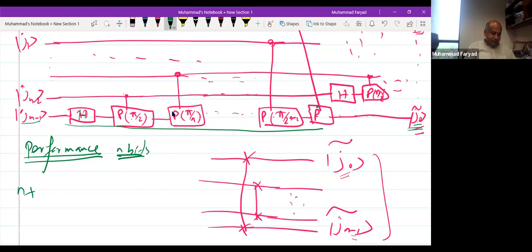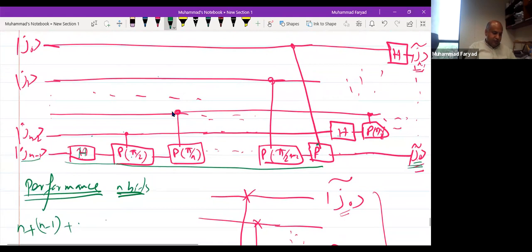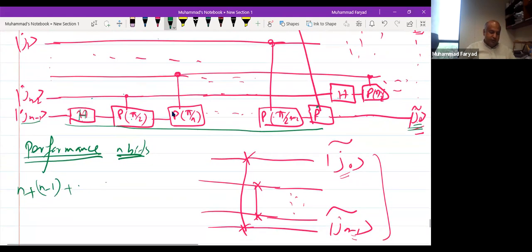And then for the qubit just above it, we need one less gate, because we have a Hadamard, and then the control gates are only with respect to the remaining qubits. We can go on, and for the topmost qubit, I have only one gate, and for j_1 we have 2 gates, and so on.